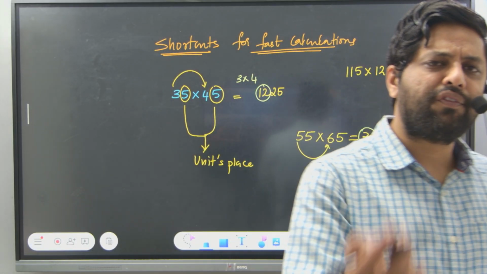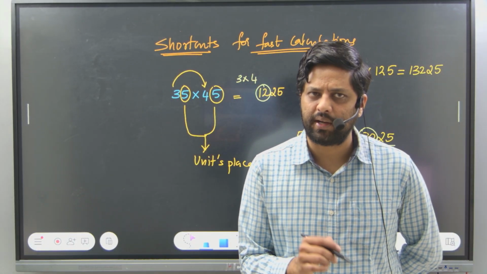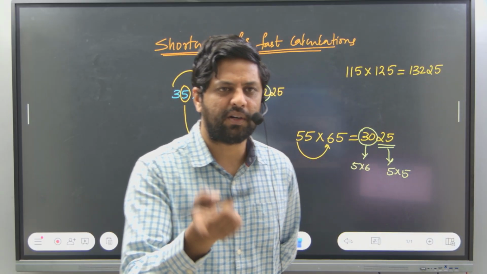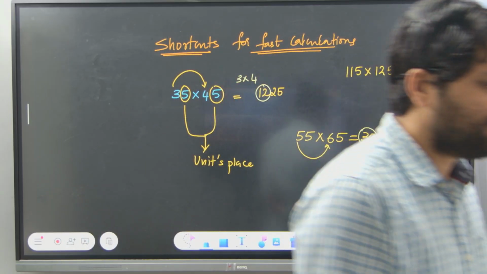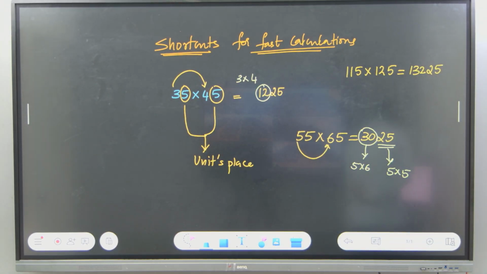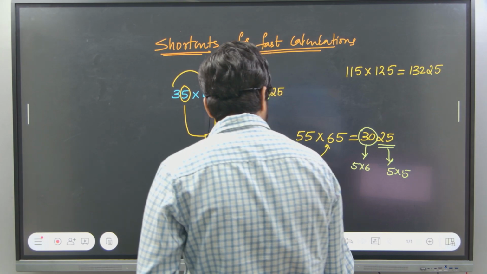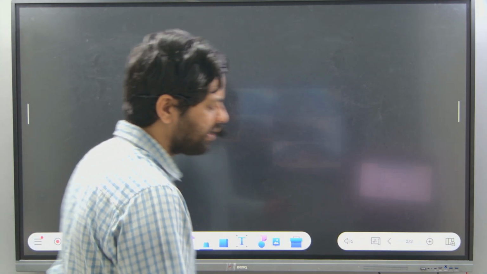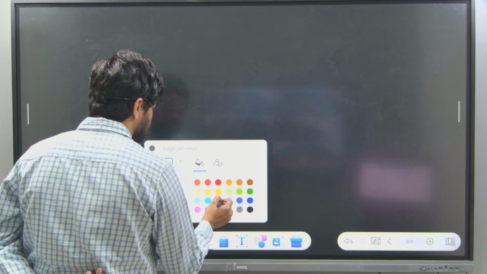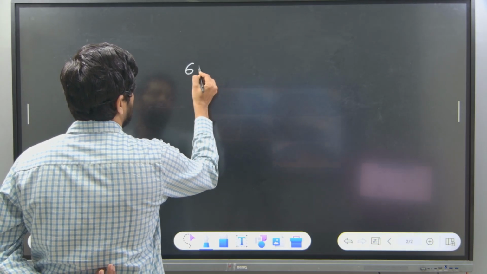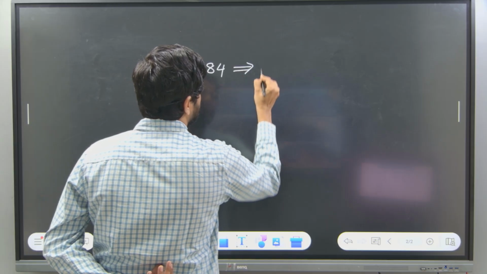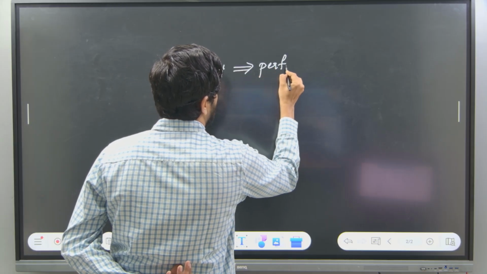The next thing you very frequently come across is numbers which are perfect squares, and you need to find the square root of that number. Let's take up an example. I have a number here: 6084.